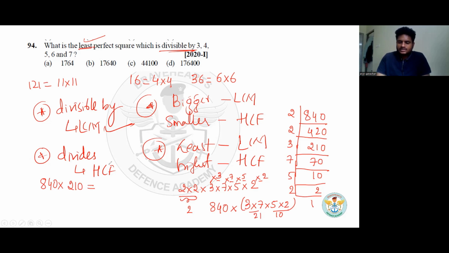How much will this be? Calculate and tell me the answer. 840 into 210.